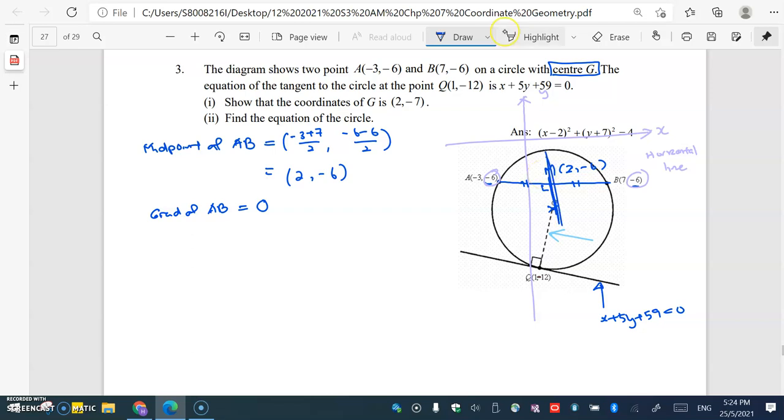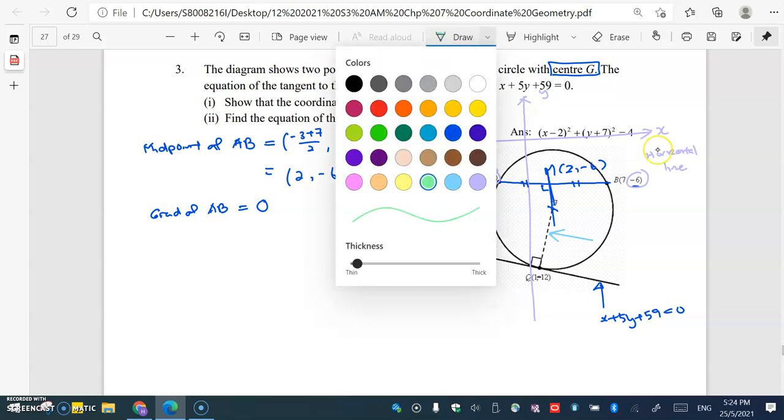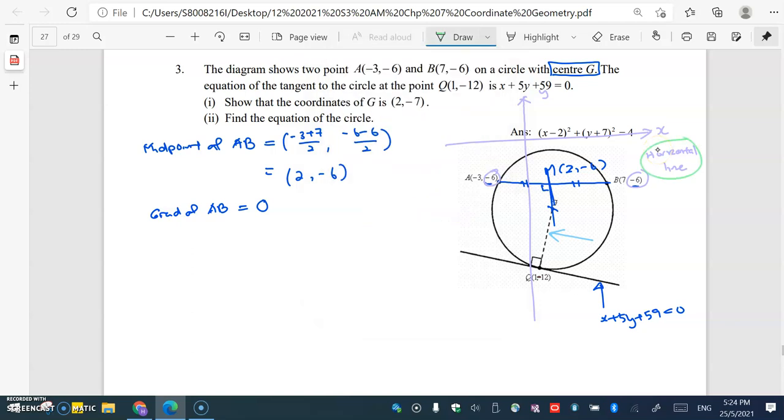But one thing we know is that the equation of this blue line here, if AB is a horizontal line, then this one, since it is perpendicular, has to be a vertical line. What's the equation of a vertical line? The equation of a vertical line is always x equals to something.